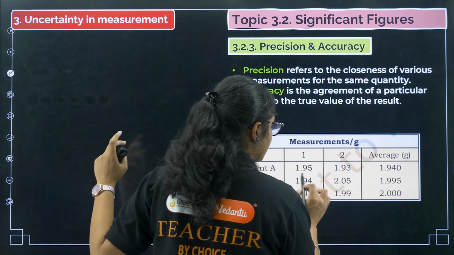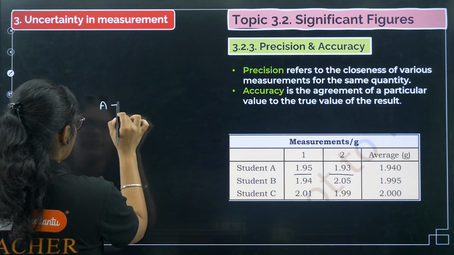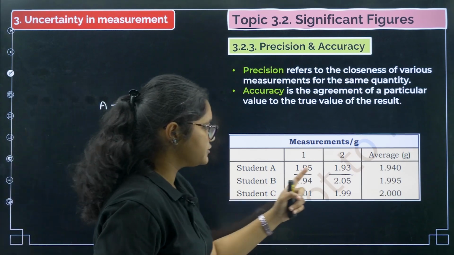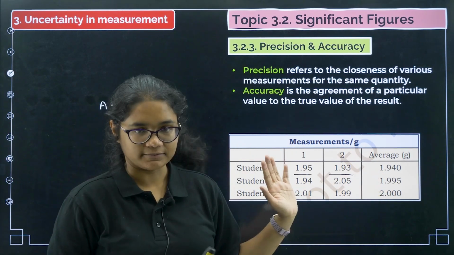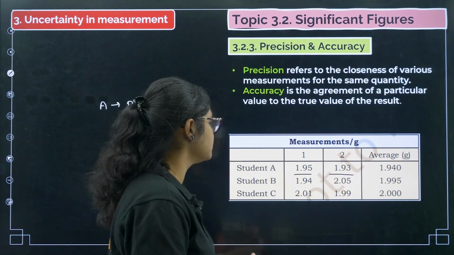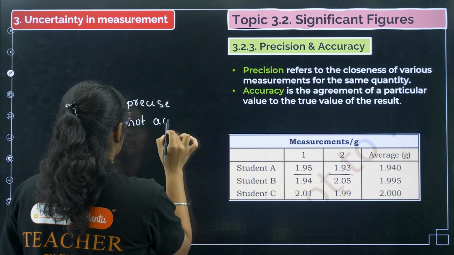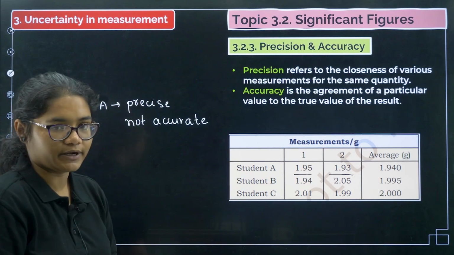Student A values 1.95 and 1.93, precise. But if you take the average of these two, we get 1.94, which is not equal to 2 grams. So it is precise, but not accurate.